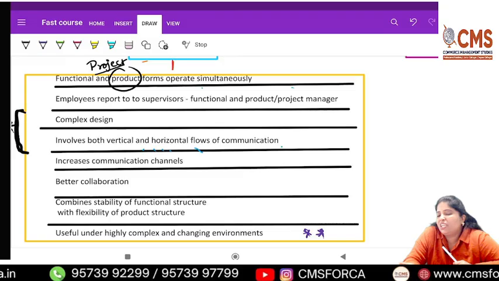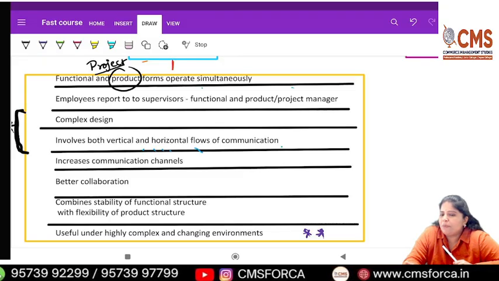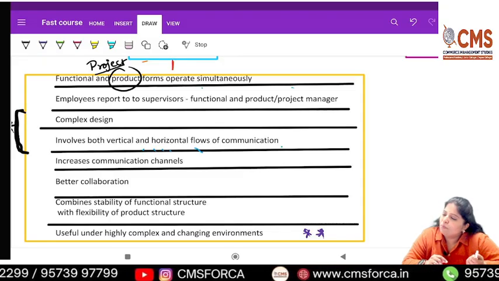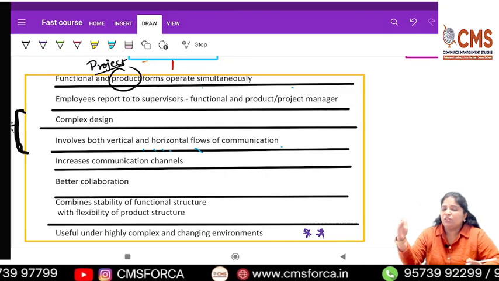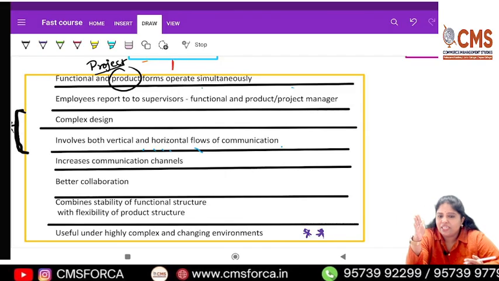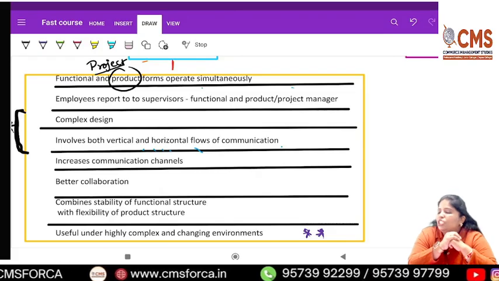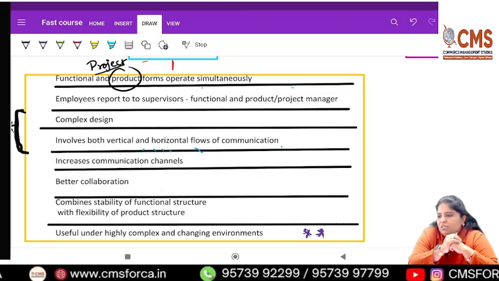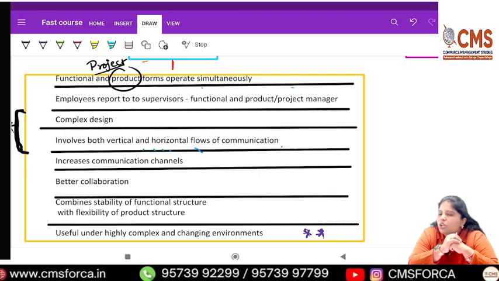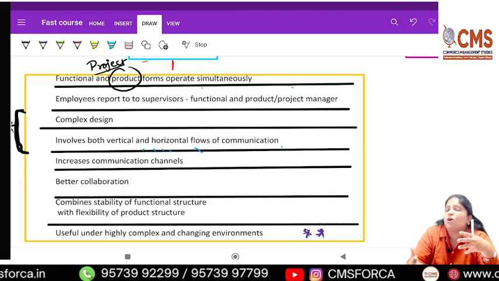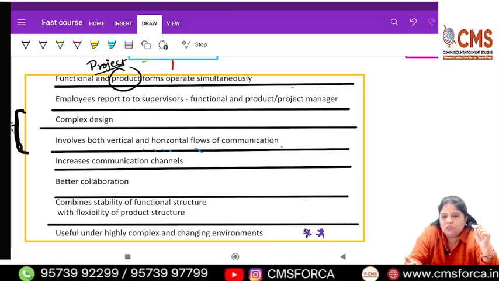Employees must be communicating to whom? The functional manager as well as the project manager. Vertical communication goes to the functional manager. Horizontal communication goes to the concerned project manager. This creates a lot of confusion among employees.